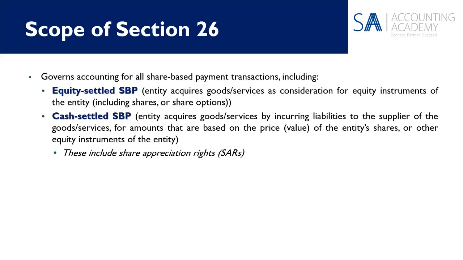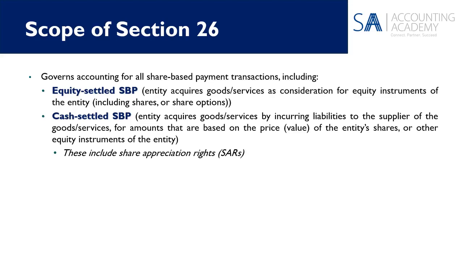But on the credit side, this time we are not issuing any of our own equity instruments. We're not issuing options or share appreciation rights or anything like that. We are going to value the liability with reference to movements in the value of our own ordinary shares.